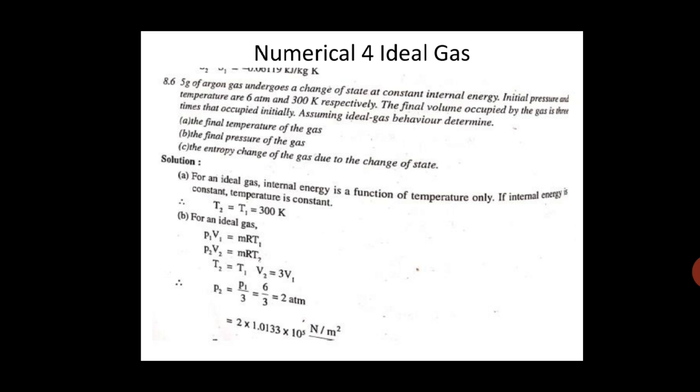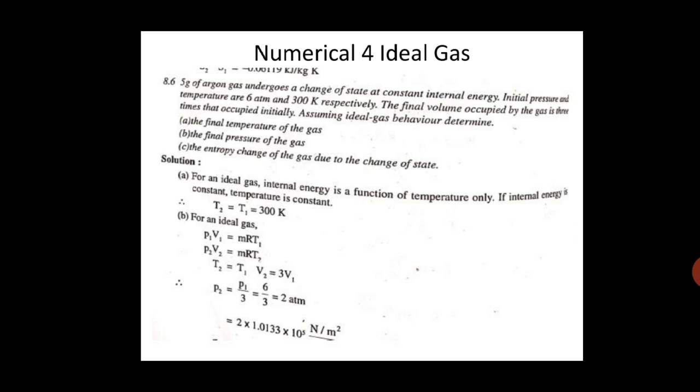Therefore, P2 is equal to P1 divided by 3. P1 is 6 atmosphere, 6 divided by 3 is 2 atmosphere. P2, the final pressure, is 2 atmosphere, and you can write it as 2 into 1.01 into 10 raised to 5.